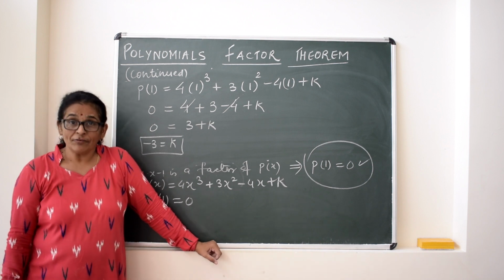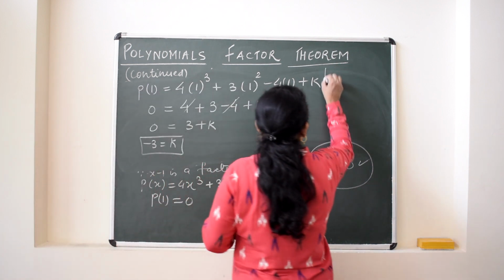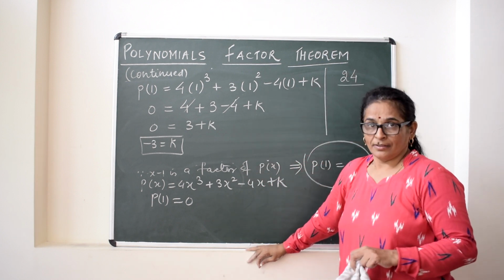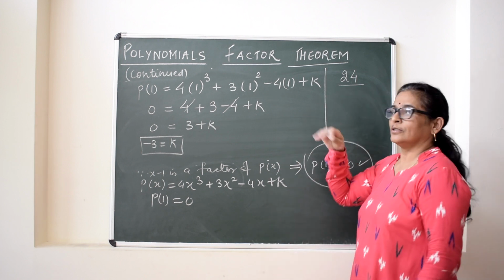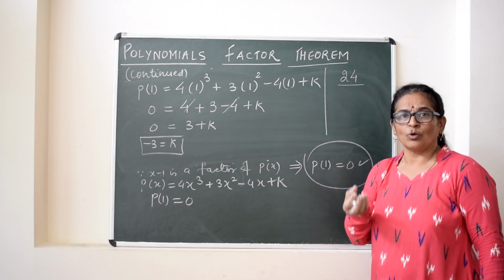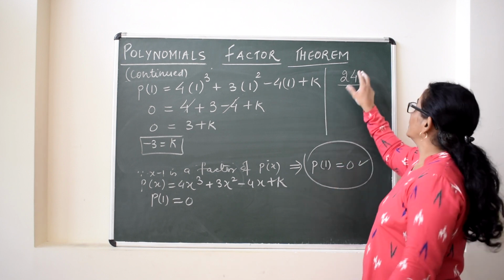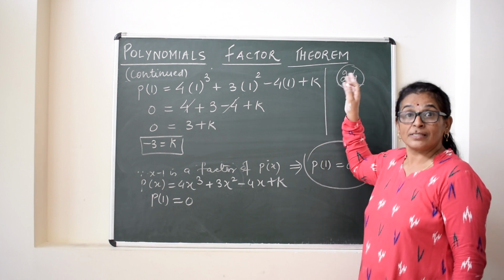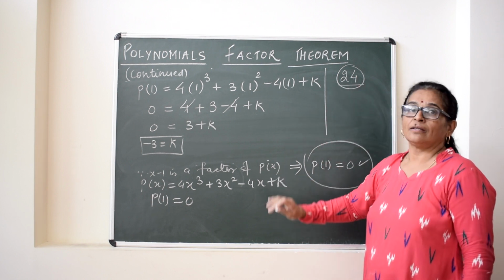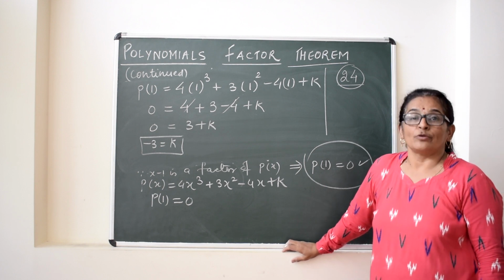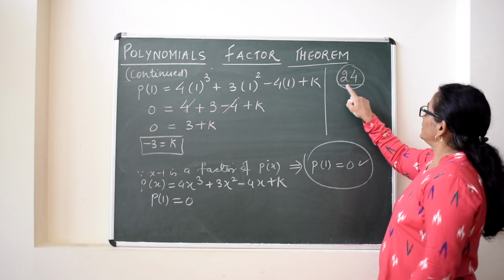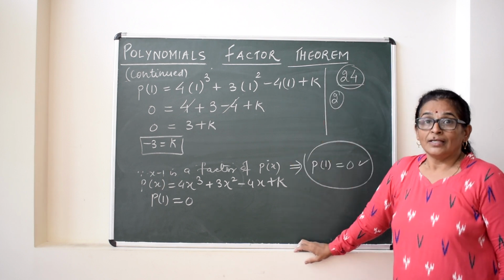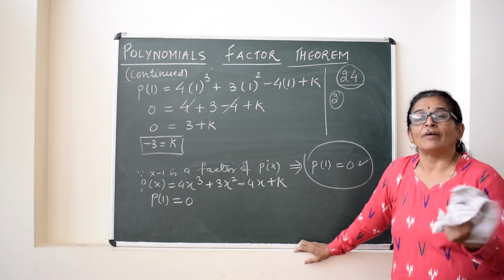Now, if I say a number is given and find its factors, then you will simply apply the rule that all the small numbers in whose table this 24 occurs, or all the numbers whose multiple is this 24. The same thing we can find out in the case of polynomials also. Or in other words, if I say one of the factors of this given number is 2, then how will we find out the other factors?